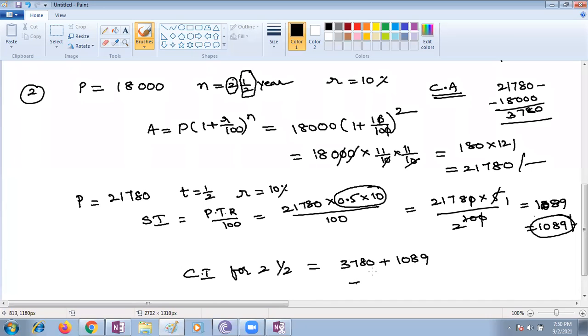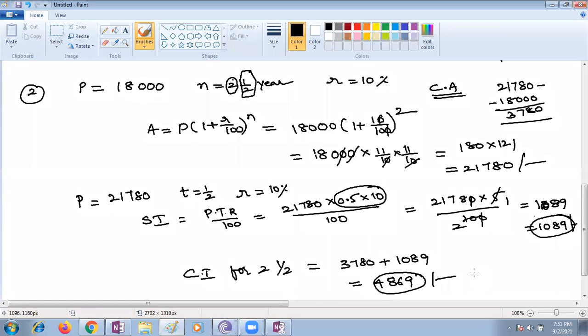You just combine those two, you will get 4,869. Right? This is your compound interest for 2.5 years.